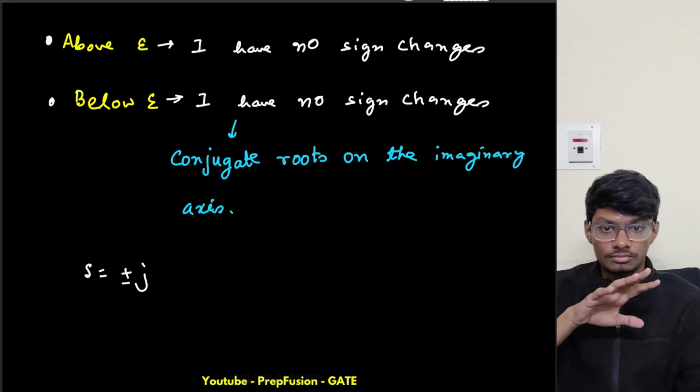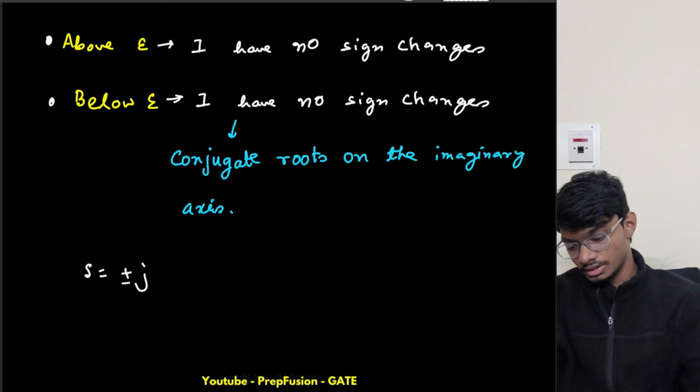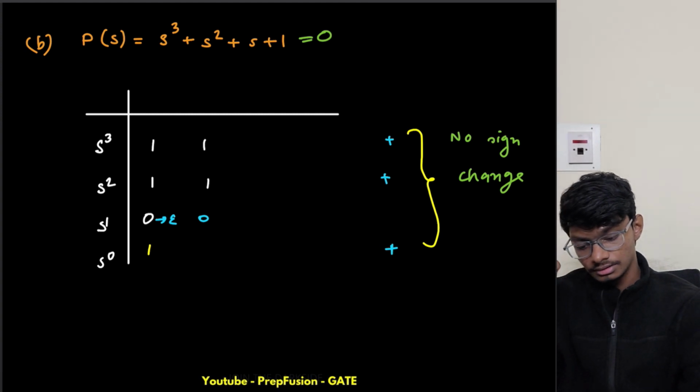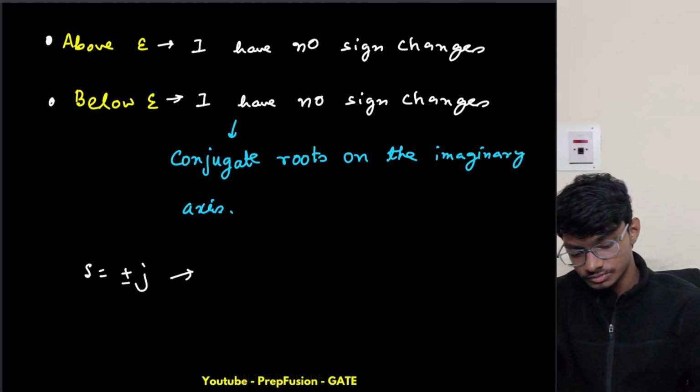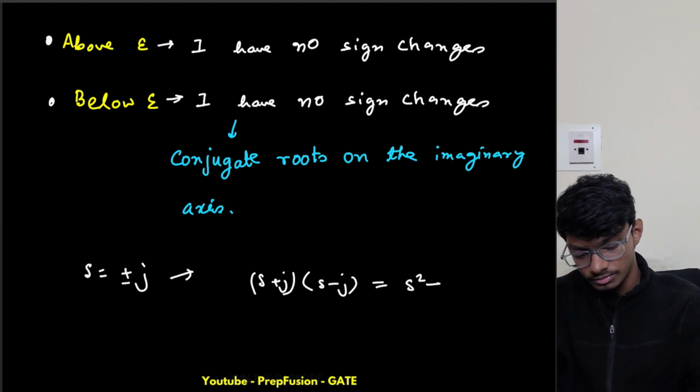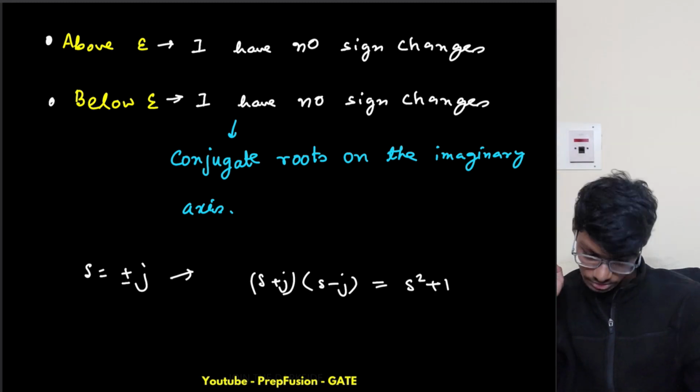So what will be my other root? What I can do is check that. So what is the equation for this one? What are the factors? S plus j into s minus j. So this is equal to s square plus 1, basically s square plus 1. Okay.